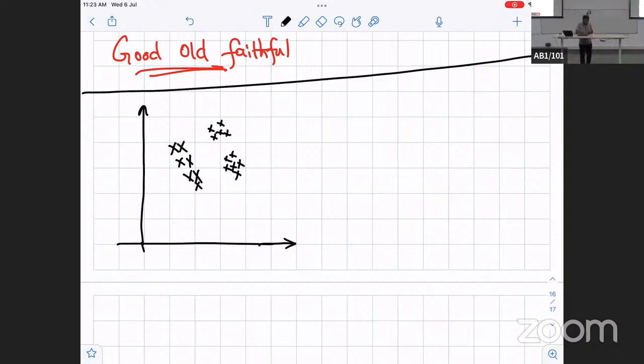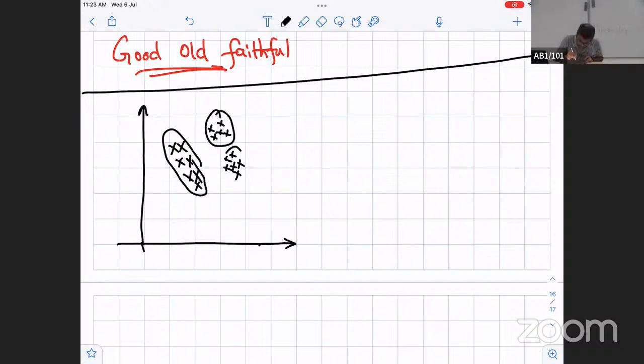Visually you can see that there should be 3 clusters like this. One is this, another one is this, another one is this, right? But if you use k-means for a shape like this, there is going to be a problem. So k-means has some limitations.